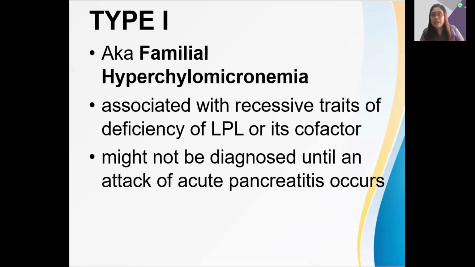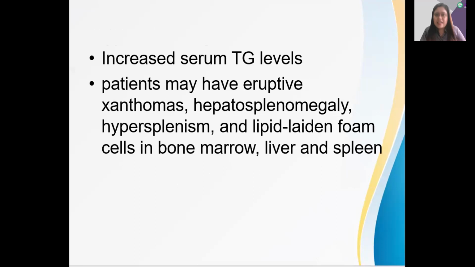Now, this type of lipoprotein disorder does not really have specific signs and symptoms that will contribute to the early diagnosis of the condition, but most of the time, the patient will be diagnosed if there is already an attack of acute pancreatitis.